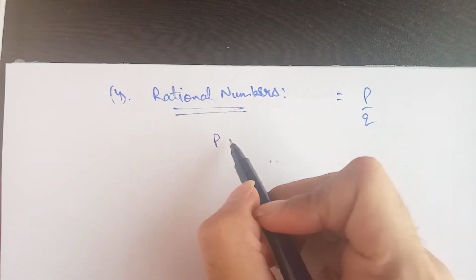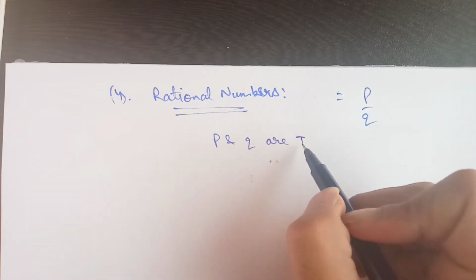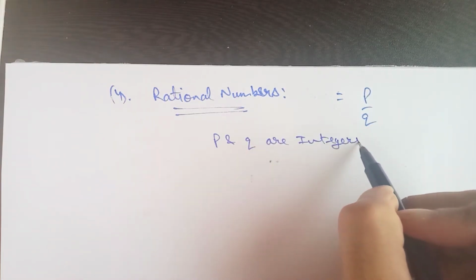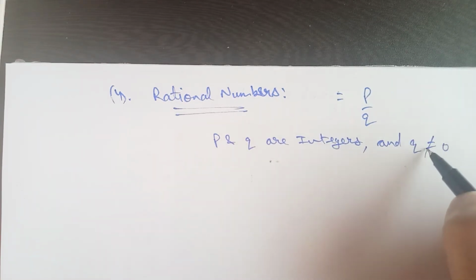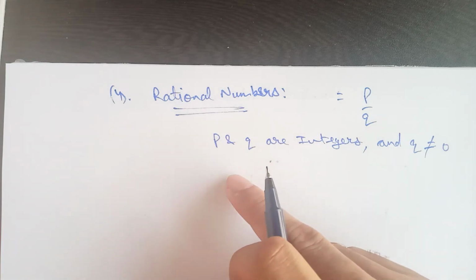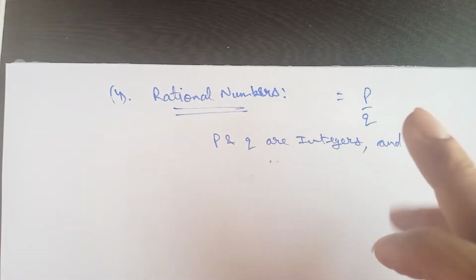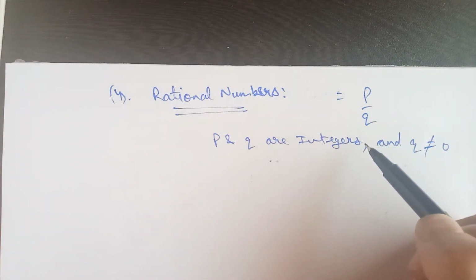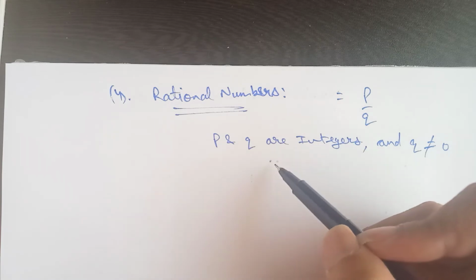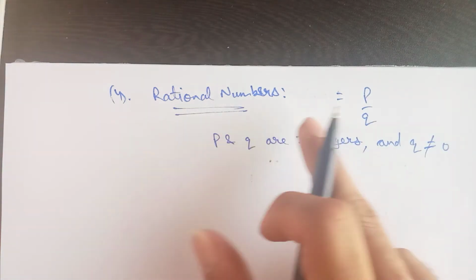Here p and q both are integers, and also q should not be equal to 0. 0 is an integer, p and q should be integers, but q should not be equal to 0. Other than 0, q can be any integer. So if any number can be written in the form p by q, where p and q are integers and q is not 0, then that number is called a rational number.